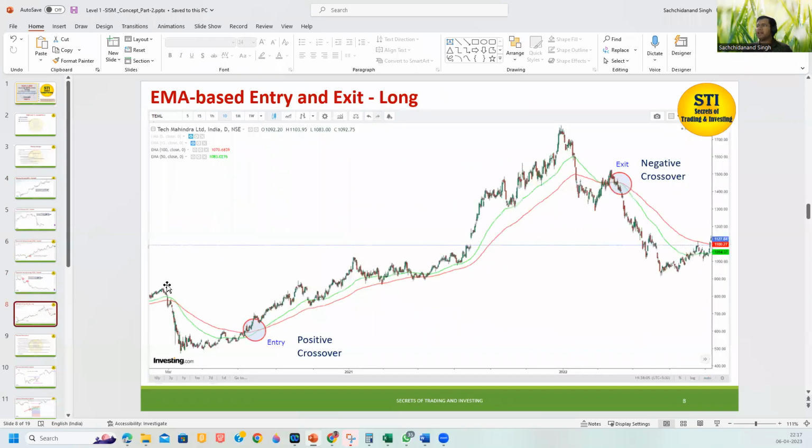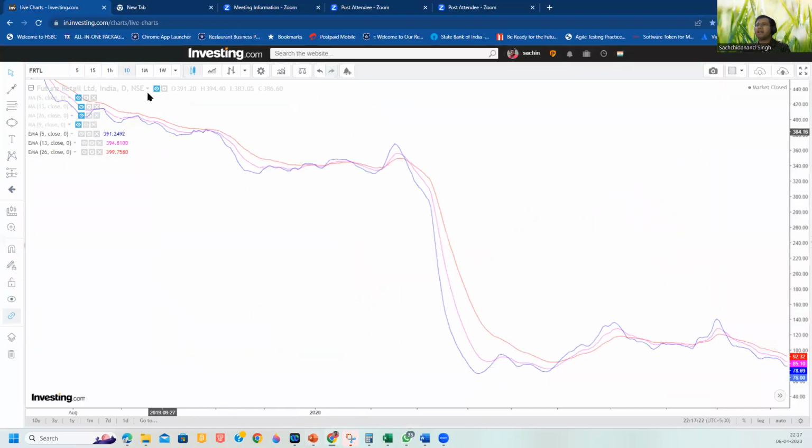So usage, I will just tell again. Based on a positive crossover, you can decide the long entry. Long entry means you are entering, purchasing the stock, and short entry means you are selling the stock and purchasing later. Or if you have already taken the entry, then based on the positive crossover.